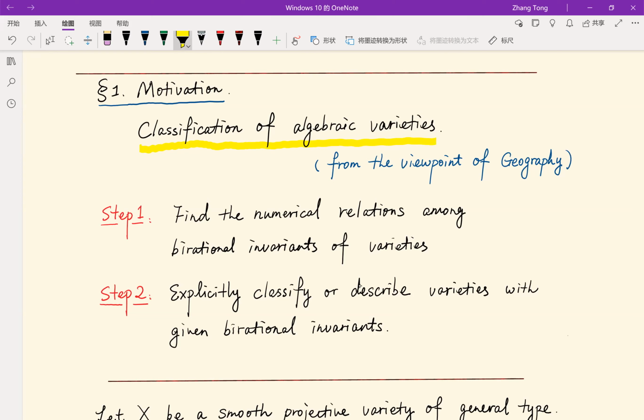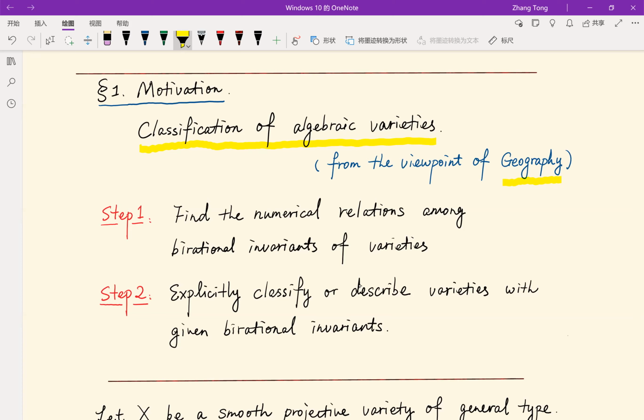So what is the geography of algebraic varieties? In fact, I have checked many books and there's no formal definition, but I looked up some research papers. For example, I read a very classical paper written by Persson, and he had a description, which I roughly follow.